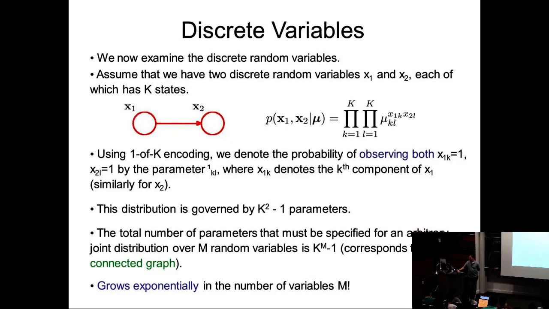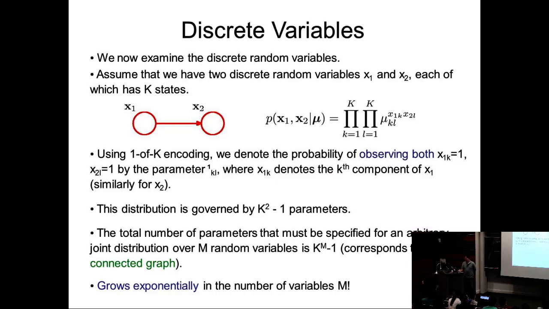Okay, let's look at one particular example of discrete random variables. Very simple one, so I'll go through it very quickly. Suppose we have two discrete random variables, x1 and x2, each of which has k states. Then I can specify the joint distribution this way. If each has k states, then there are k squared parameters to specify the joint distribution.